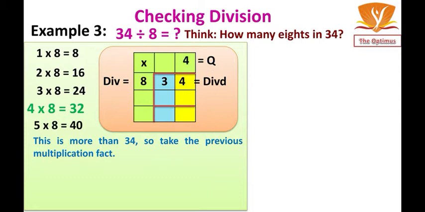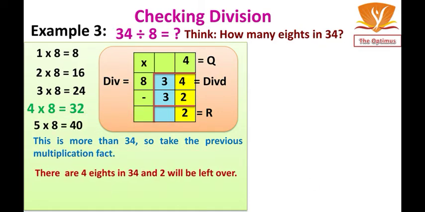I am going to write below the dividend. Immediately I am going to subtract, 34 minus 32 equal to 2. The remainder is 2. Therefore, there are 4 8s in 34 and 2 will be left over. The answer, 34 divided by 8 equal to quotient is 4, remainder is 2.